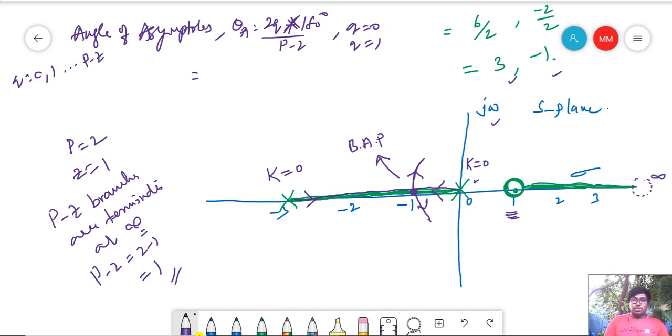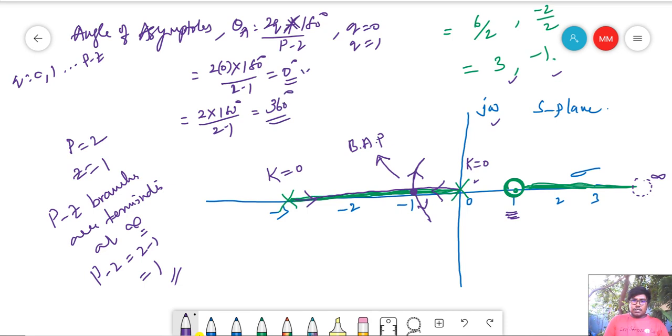So 2 into 0 into 180 degrees divided by 2 minus 1 is 0 degrees. Anything multiplied with 0 is 0. Another one is 2 into 1 into 180 degrees divided by 2 minus 1, how much is this? 360 degrees.